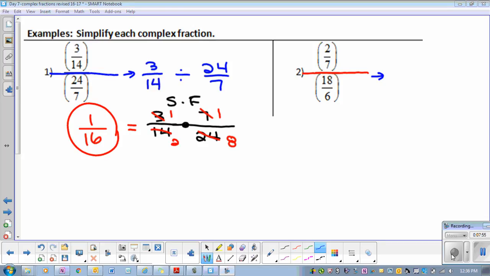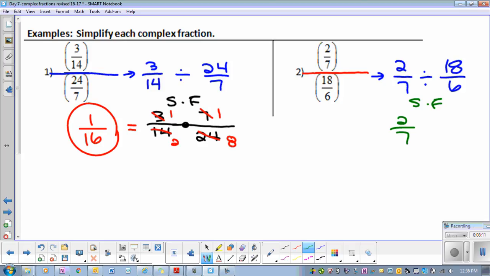So then this turns into 2/7 divided by 18/6, which is really 1 over 3. Same times flip. So it should be 2/7 times 6 over 18. And then what is your final answer?